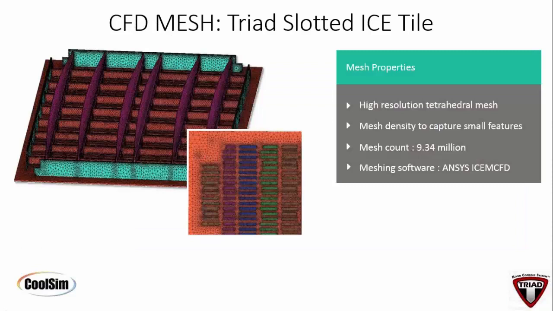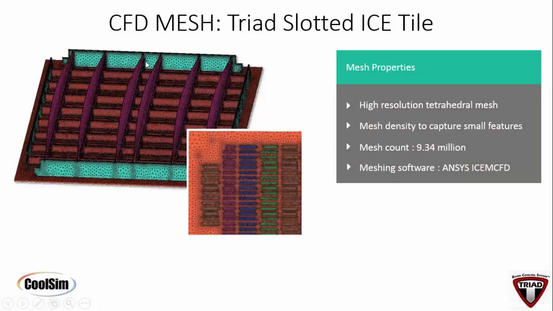But we took the tile itself and we brought the geometry into Fluent, actually, the Ansys Fluent tool. We actually used their ISIM CFD tool. We are an Ansys partner, and I kind of grew up at Ansys, so we used those tools to mesh this, and you can see the mesh is very fine. We used a body-fitted mesh here. This is a tetrahedra body-fitted mesh, so we were able to get right up on these fins. You notice he's got an underfloor fin design. We're looking at the bottom of the tile, and we're looking at these fins, and they have a unique shape. They're curved in two directions.